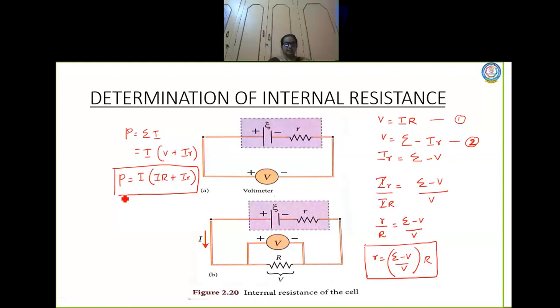Or I can also write this formula as, bring this I inside, so you have I square R plus I square into r. What are these two I squares? Look at equation 2.38; under that there is an explanation. Here I square small r is the power delivered to the internal resistance, and I square capital R is the power delivered to the electrical device.